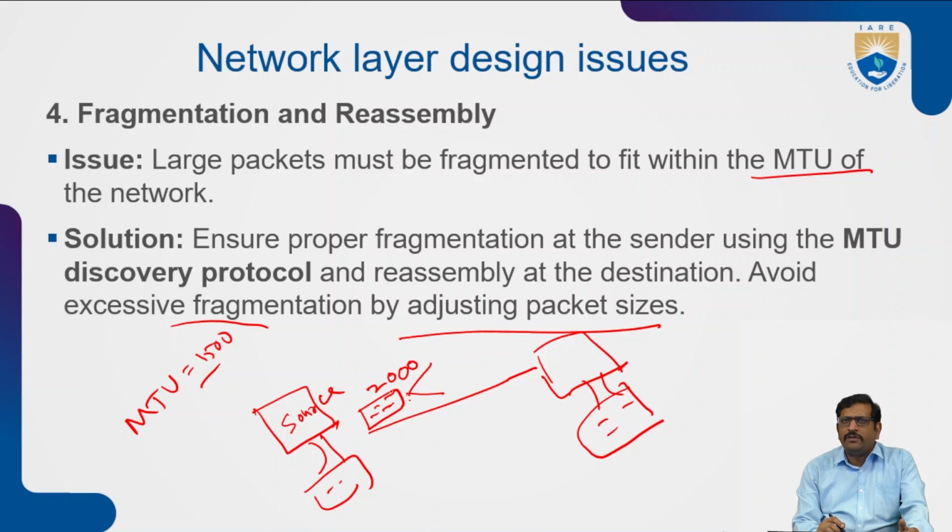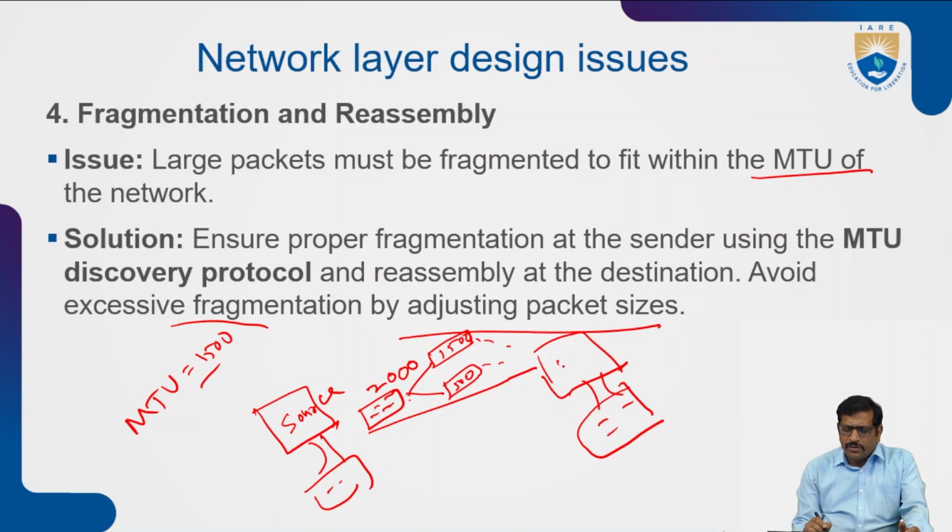In this case, the packet can be divided into two parts: one packet of 1500, and another packet of 500. Like this, the packets can be transferred.